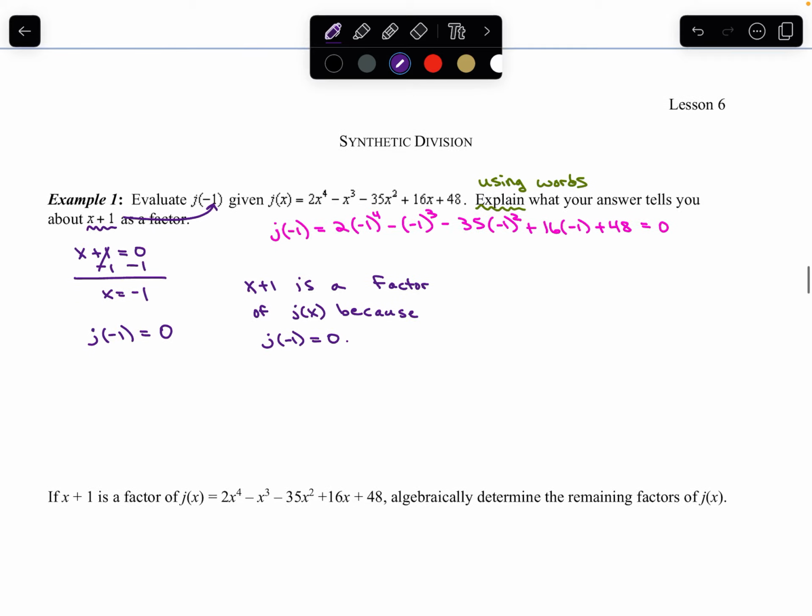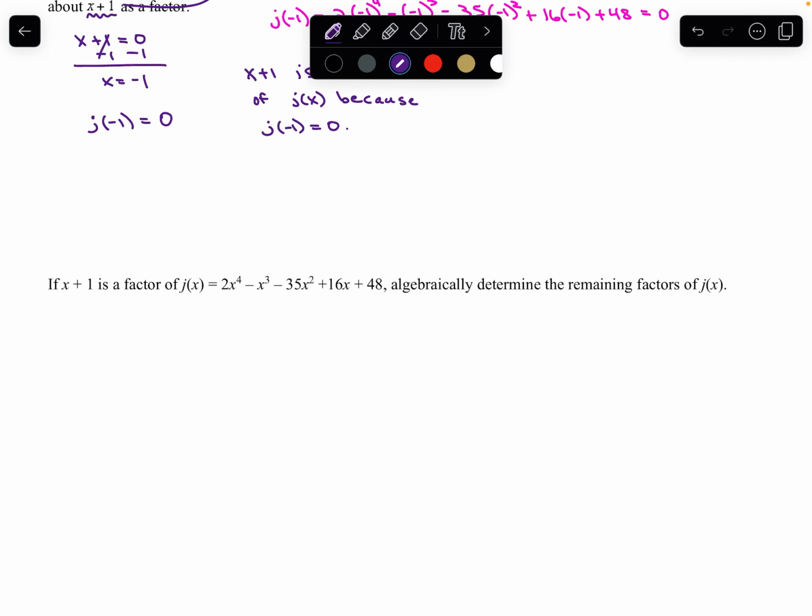Okay. Let's take a look at the second part. Now, before we do that, I want you to just think about this example. Remember back to middle school, when we had the number 100, and we broke it into a factor tree. If I gave you that one factor of 100 was 2, how could you figure out the other factor? Wouldn't you take 100 and divide it by 2 to get 50?